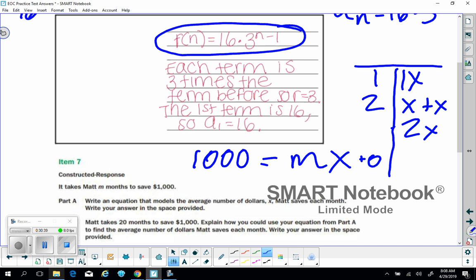And then your mx is your slope. So each month is slope, right? Per month. So that's how they got mx. If that helps you understand it more, I don't know. Nobody's saying anything to me.